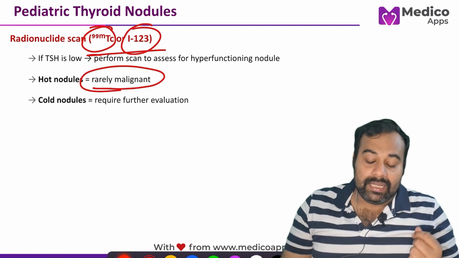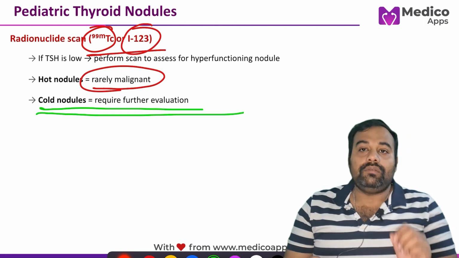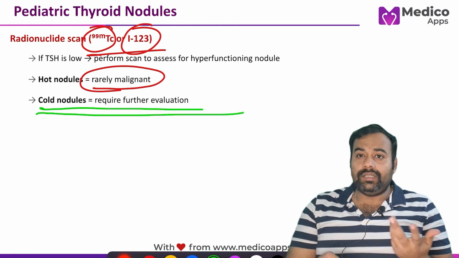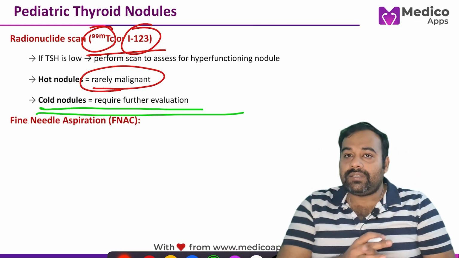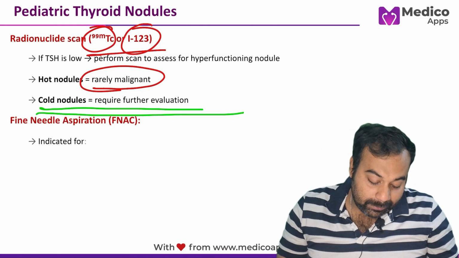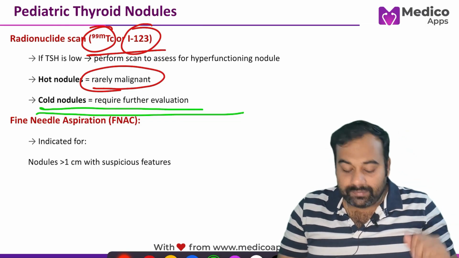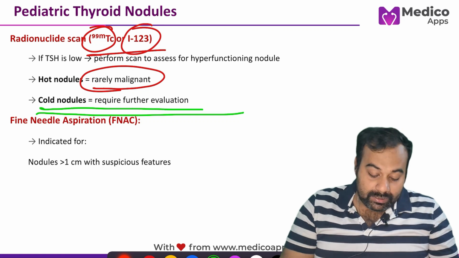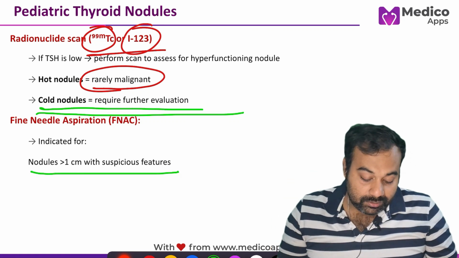But the issue is that if there is a presence of a cold nodule, these cold nodules are the ones which require further evaluation and investigation. It always starts with the FNAC, fine needle aspiration cytology. There are specific indications when we should go for FNAC. It starts with a nodule that is more than 1 centimeter with suspicious features.